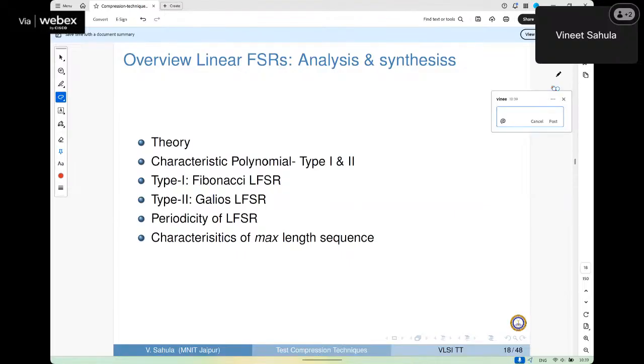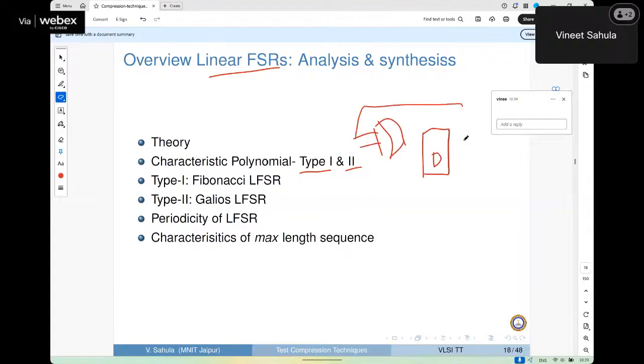So the way we can realize the LFSR, linear feedback shift register, is of two types. We'll see that. The one type was what we just saw: a D flip-flop with an XOR gate with a feedback.